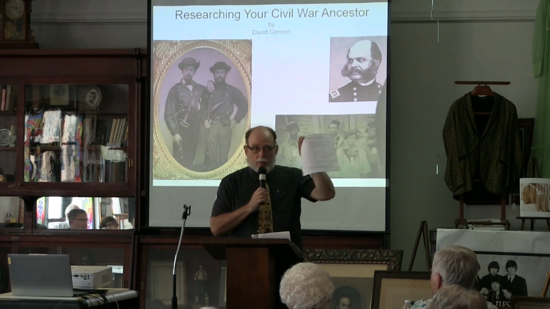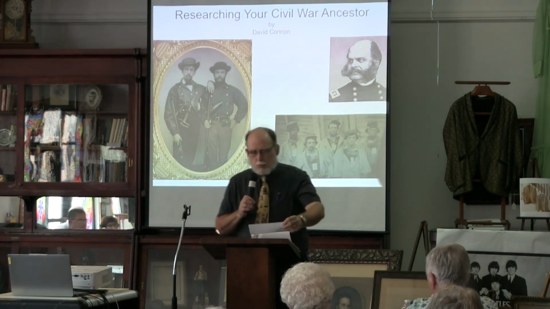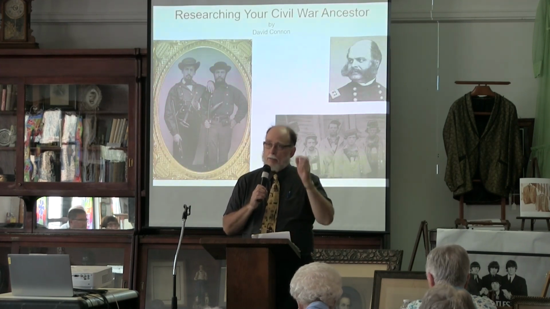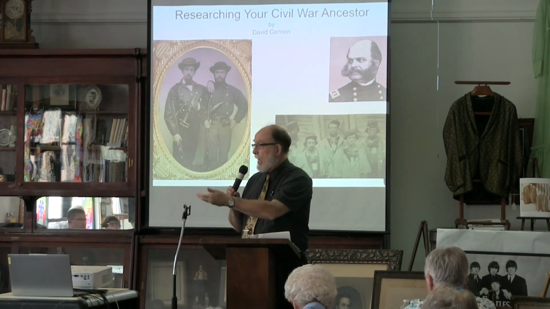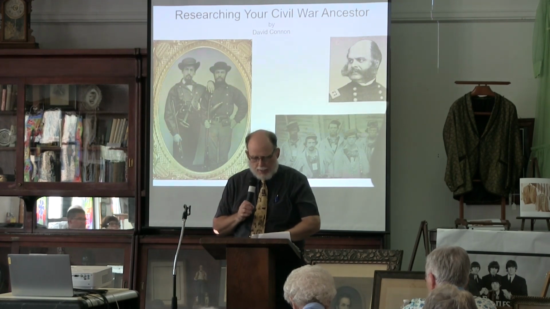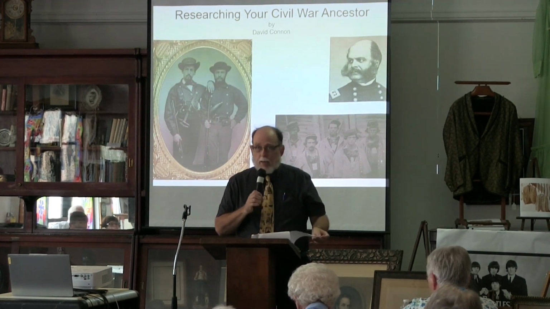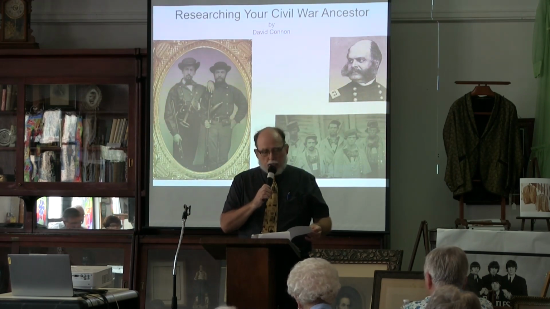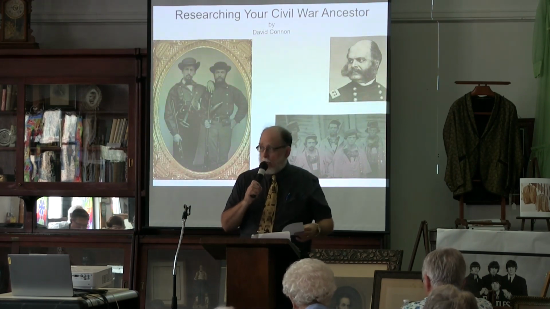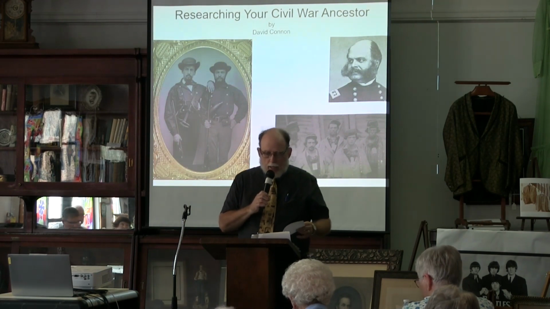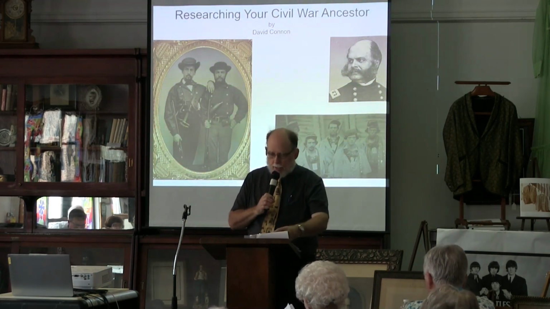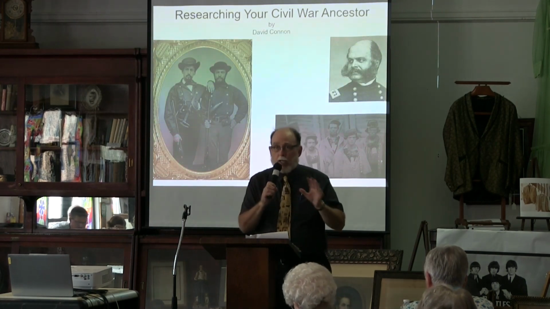Now, the handout that you have in front of you will probably be most useful if you have not determined whether an ancestor has served in the Civil War. That's on the first page. And then on the second page, there are some details regarding using the National Archives, and then some specific items to consider if you're working on Google Books.